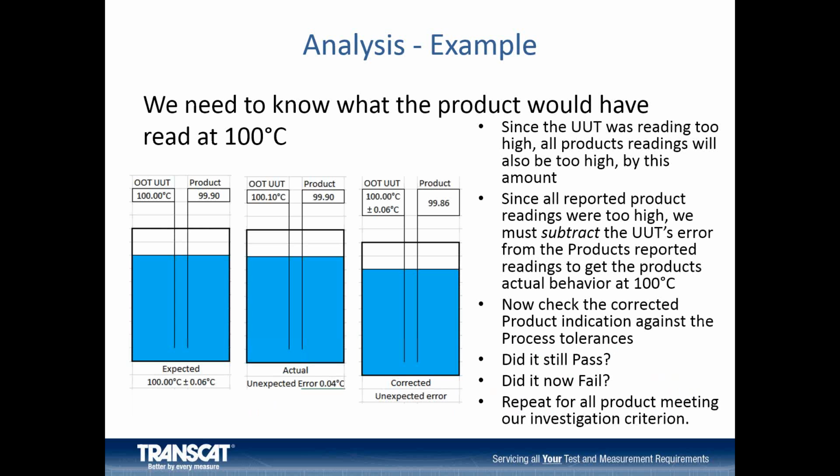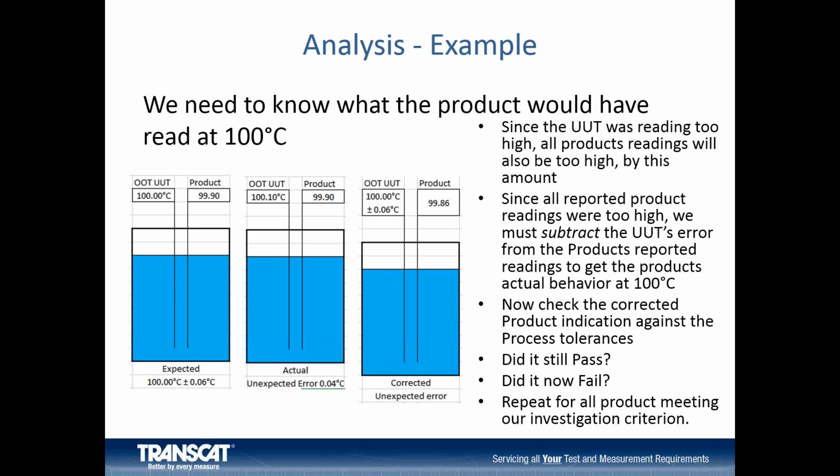So what we need to know is what products would have read at 100 degrees Celsius. We thought our bath was set for 100 degrees Celsius plus or minus 0.06, but our UUT was lying to us because it was out of tolerance.